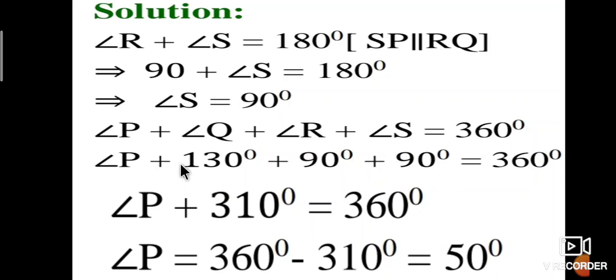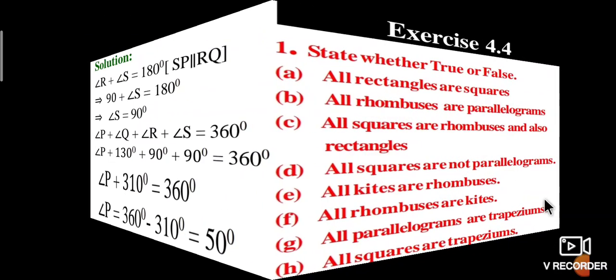Angle P plus 130 plus 90 plus 90 is equal to 360, so angle P plus 310 degrees is equal to 360 degrees. Angle P is equal to 360 minus 310, which is 50 degrees.